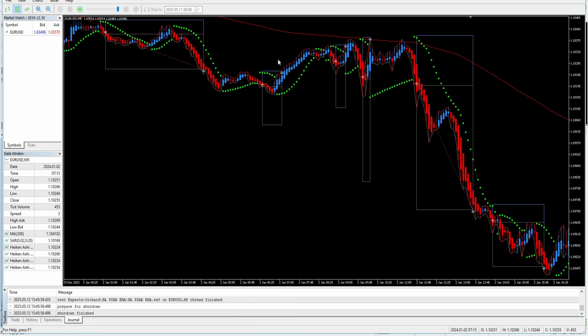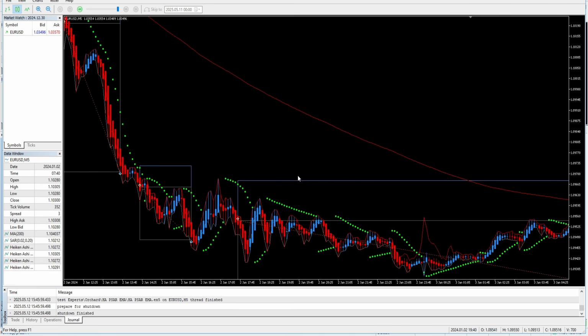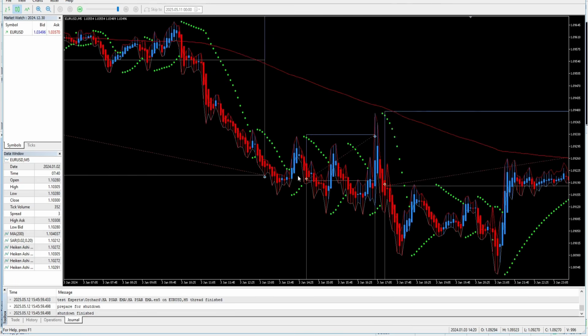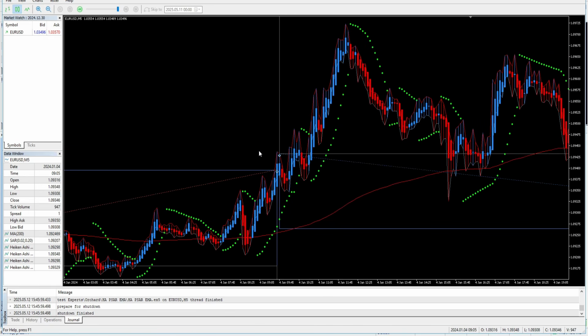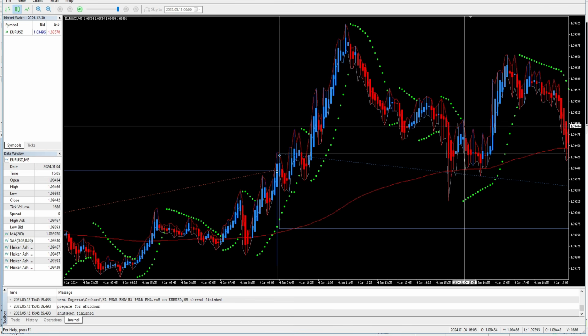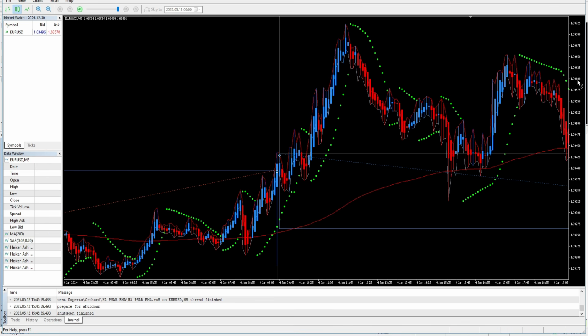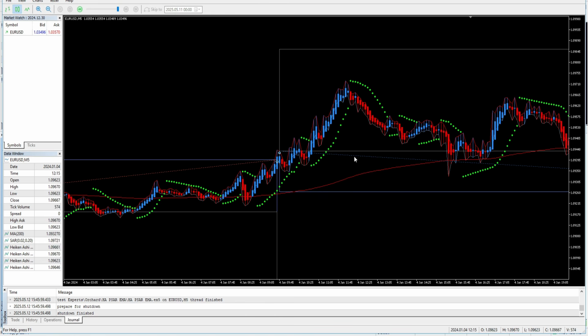Let me just scroll forward until the price crosses that moving average, and I'll see if I can find a long trade. So I have a long trade here. Might just have to shrink that a little. So I've got an up candle.